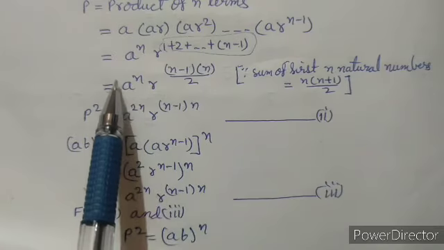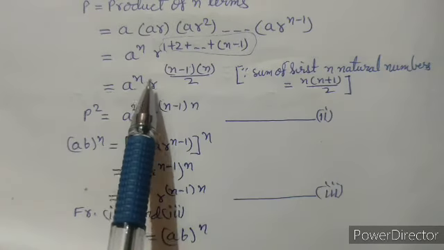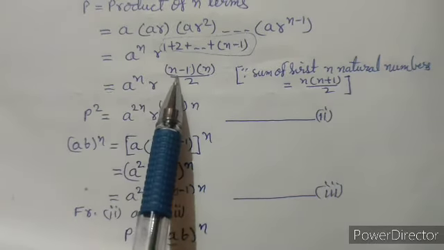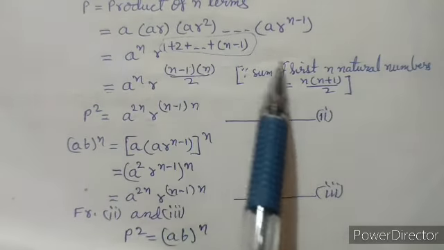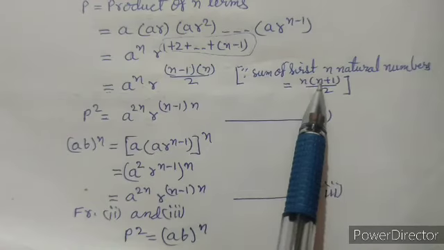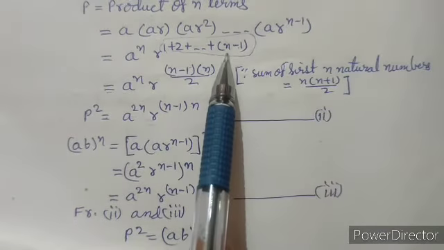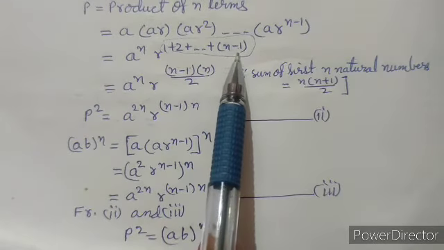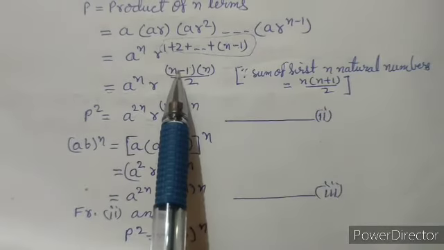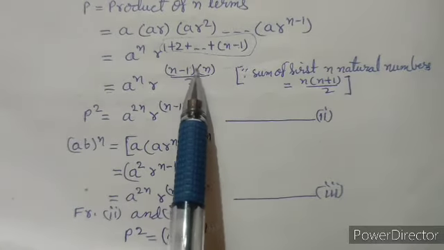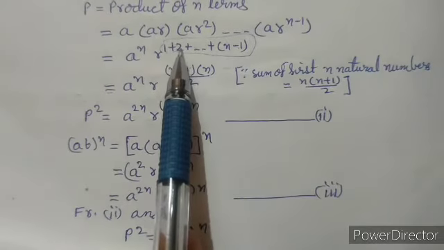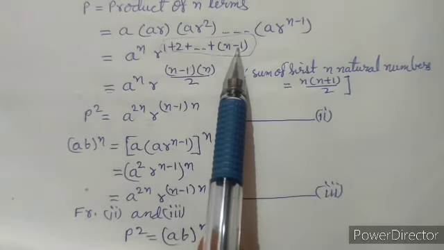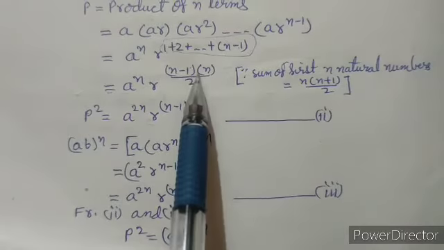Here this will be A raised to power n into R raised to power (n minus 1) into n upon 2, as the sum of first n natural numbers is given by n into (n plus 1) upon 2, and here in place of n there are n minus 1 numbers, so it will be equal to (n minus 1) into n upon 2, or we can also find the value of 1 plus 2 plus 3 up to n minus 1 by using AP.